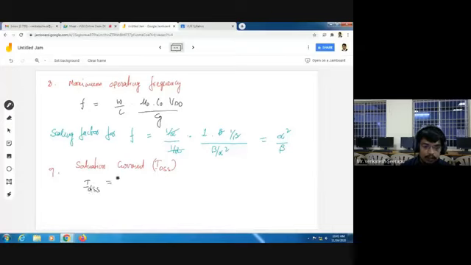IDSS has a formula C naught mu by 2 into W by L into VGS minus VT whole square. Now all of you find the scaling factor for IDSS.